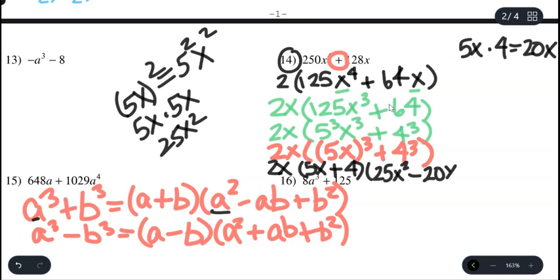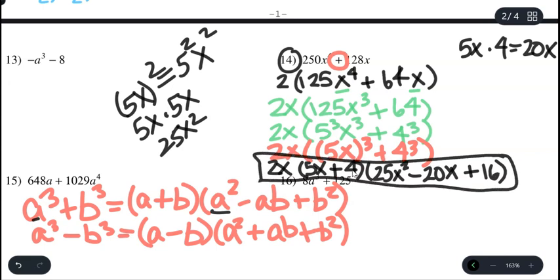And then my last piece is going to be adding the second base squared, which is 4. 4 squared is 16. So this is our final factored form for this particular sum of cubes. And don't hate on my beautiful box there.